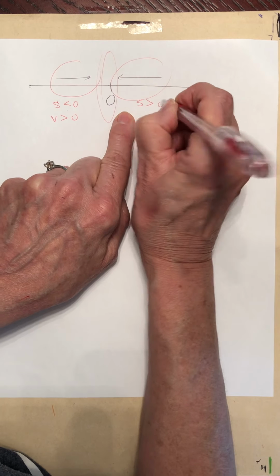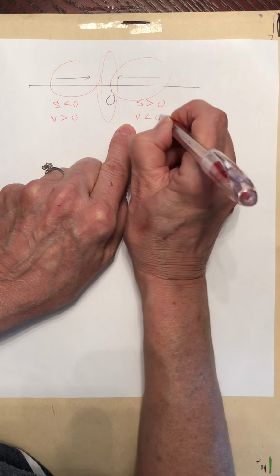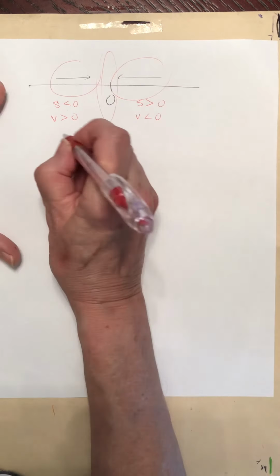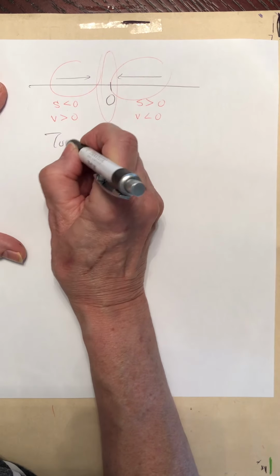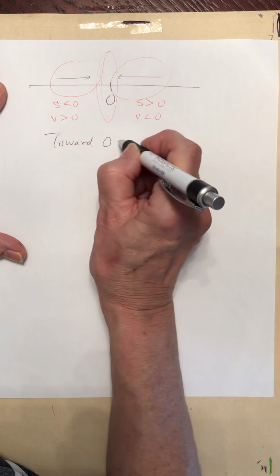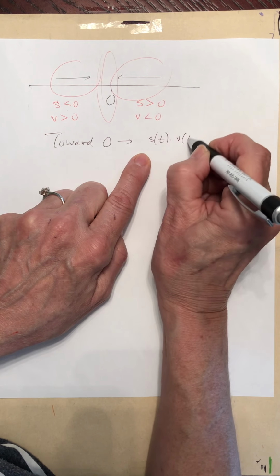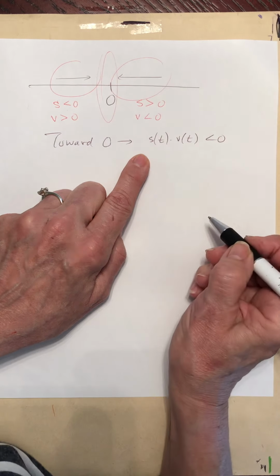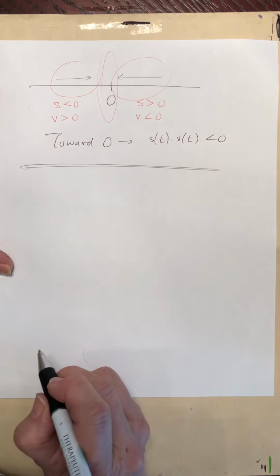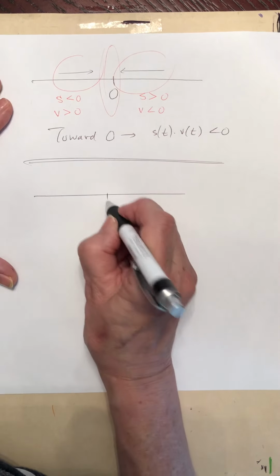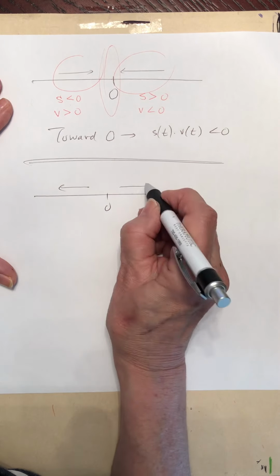My position was positive, but my velocity was negative. So how do you know that you are moving toward 0? They have opposite signs. So the product of position and velocity is negative. What would it take to talk about the idea of moving away from 0?